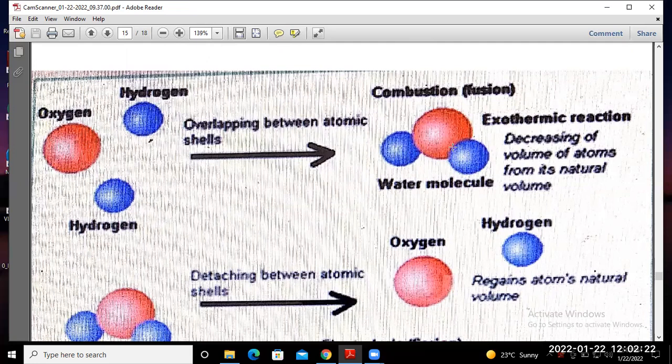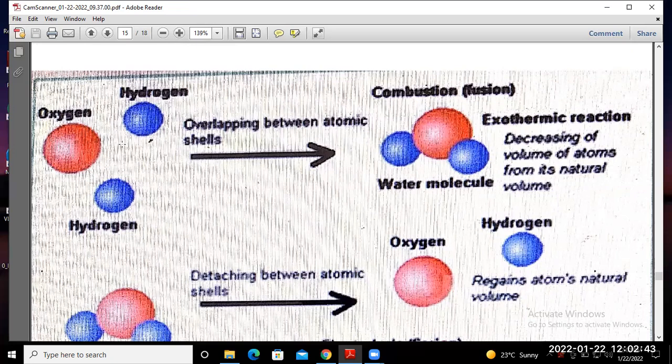So this is the exothermic process, when there is overlapping between the atomic cells of two hydrogen and oxygen. That means a decrease of the volume of the atoms from their natural volume.